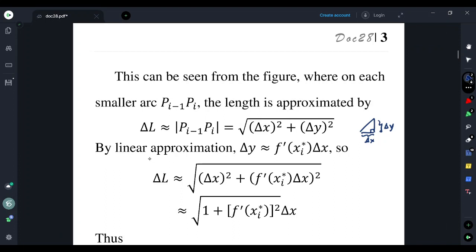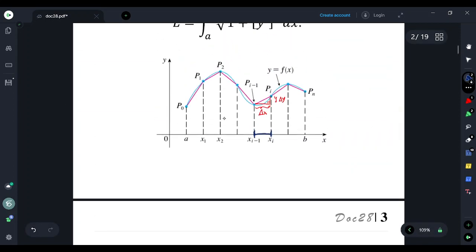And then we're going to use the linear approximation that we learned before, which implies that delta y is approximated by f prime at sample point x_i star times delta x, where x_i star is any point on the interval.